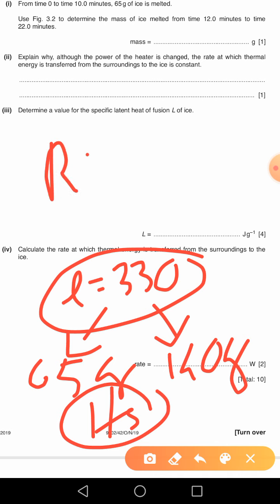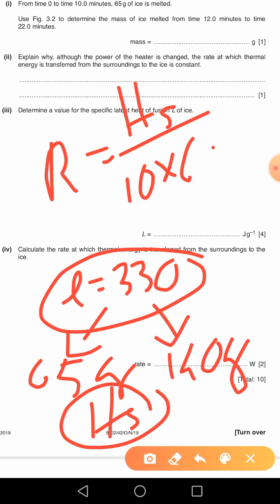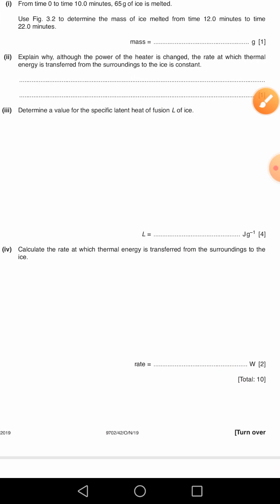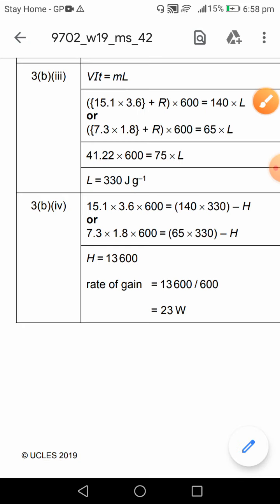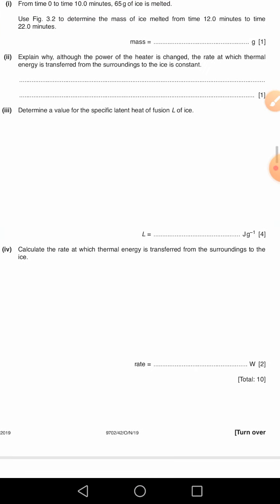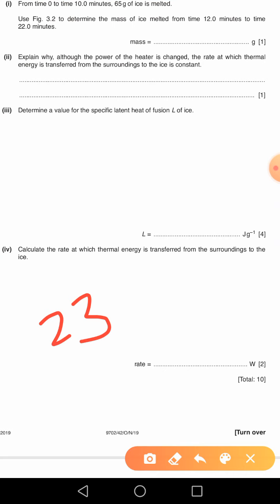So the rate will be equal to heat energy supplied divided by time, 10 into 60. This value would be 23 watt.